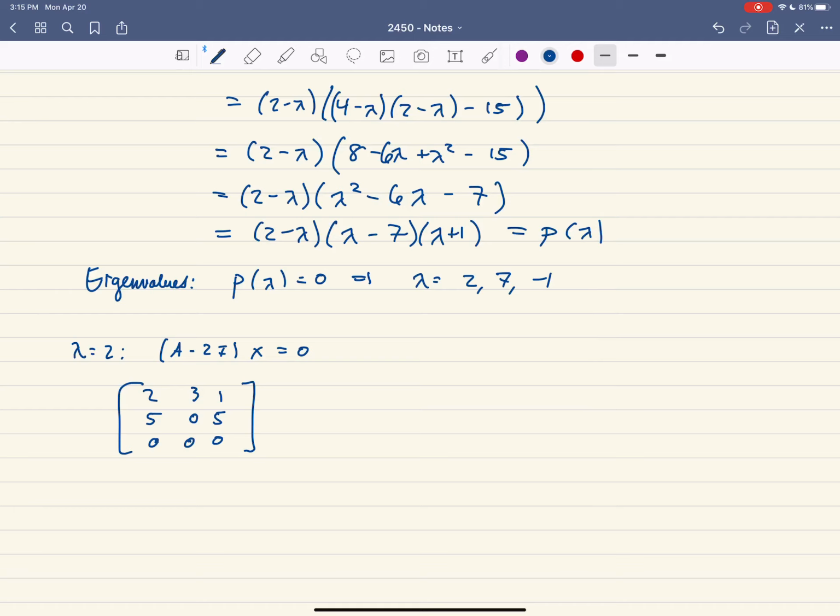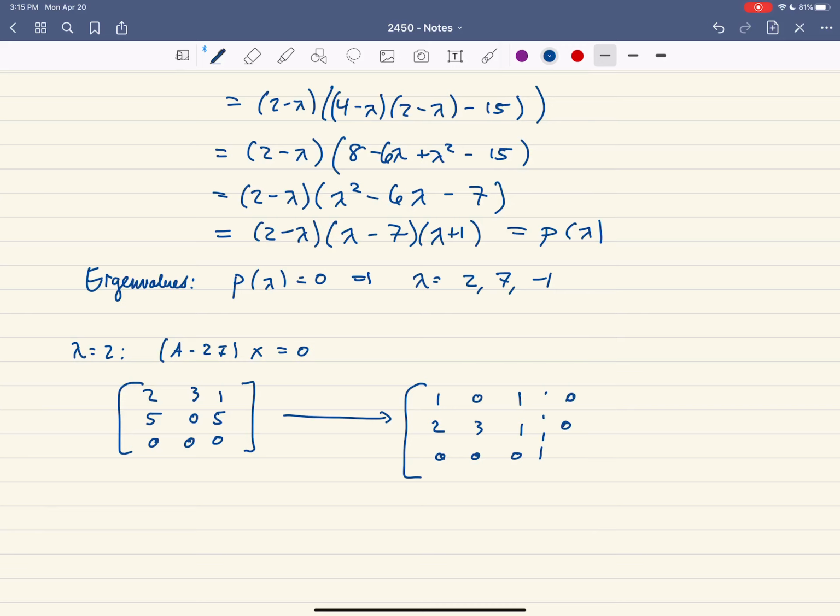So if lambda is equal to 2, if we do some row operations here, you could certainly do 1, 0, 1, 2, 3, 1, 0, 0, 0.